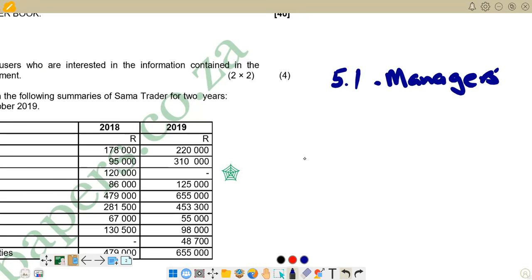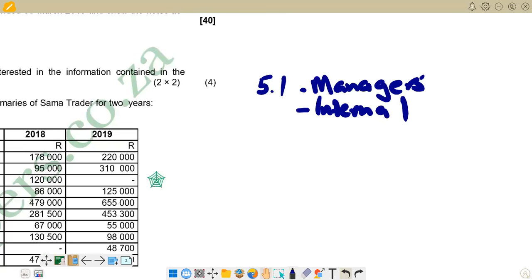Then we also have internal auditors, also users of financial statements. So these are two internal users of financial statements, that is managers, and also their internal auditors. So there we have internal auditors as the second.